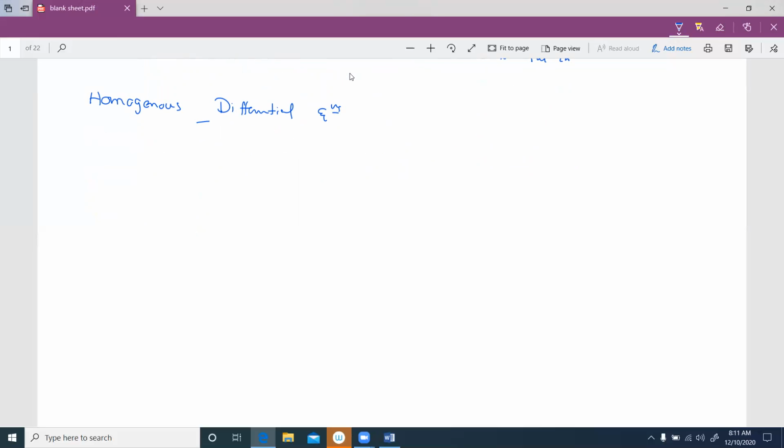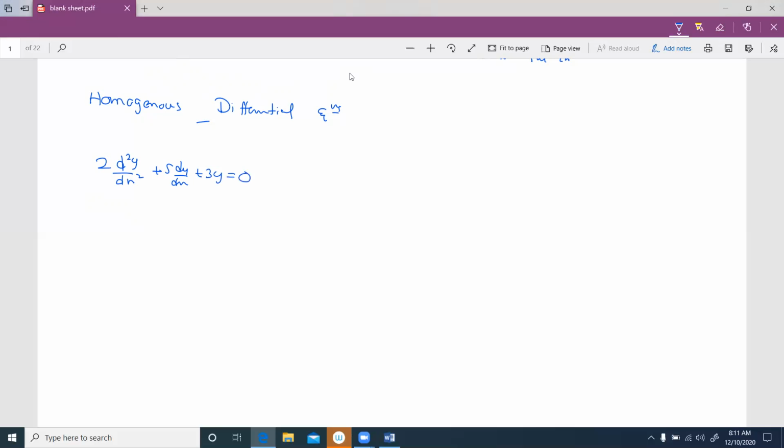Initially, suppose you get an equation like this: 2 d squared y by dx squared plus 5 dy by dx plus 3y is equal to 0.